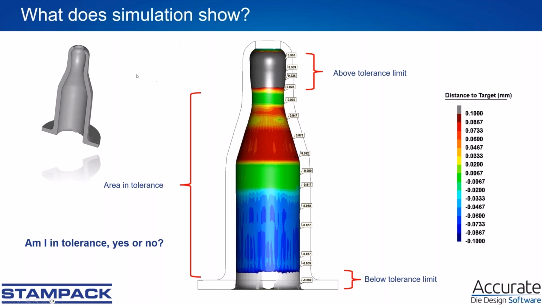For example, in this round drawing part, tolerance was plus minus 0.1 millimeter, and then you see immediately, okay, in this area, I'm out of tolerance. In this area, I am out of tolerance. I have to change something in the process design to come back to tolerance.